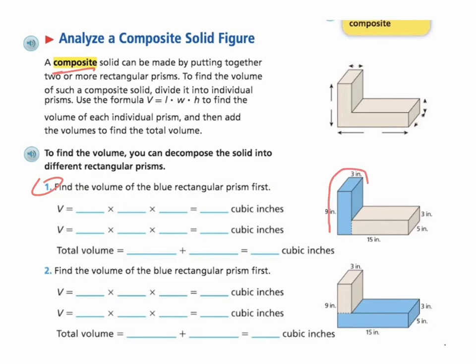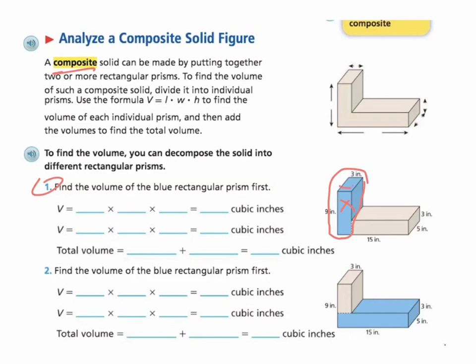So they split it this way, up and down. And let's get the dimensions for this prism right here. You know that the height is 9 inches that way, and you know the width is 3 inches. What you don't know is this dimension right here. All the dimensions are labeled in the shape.